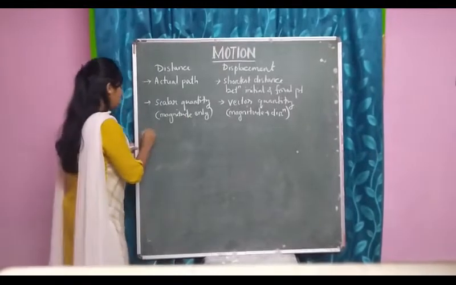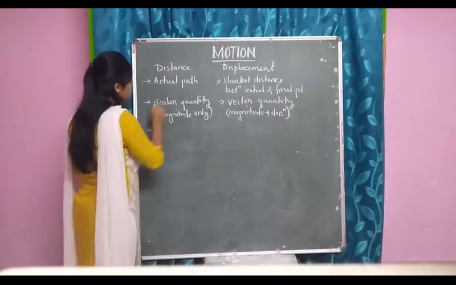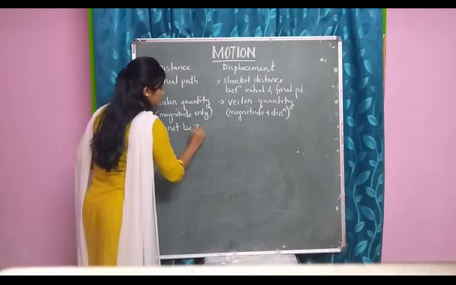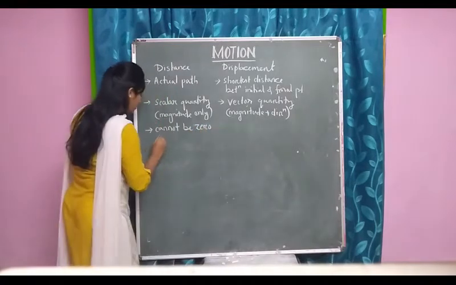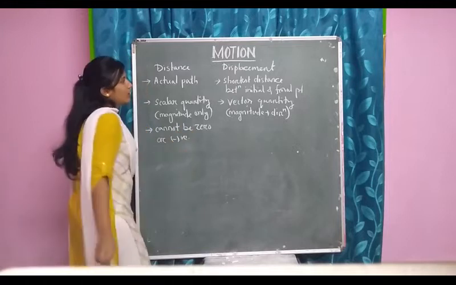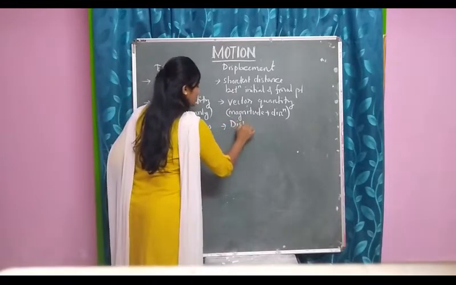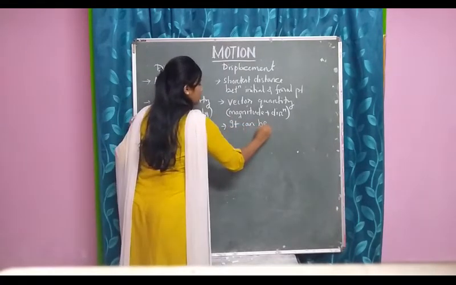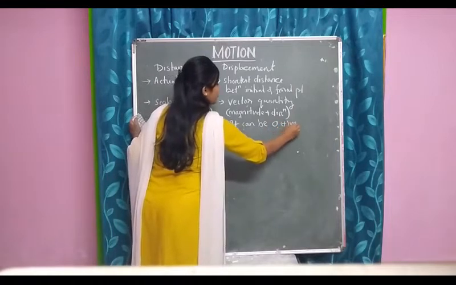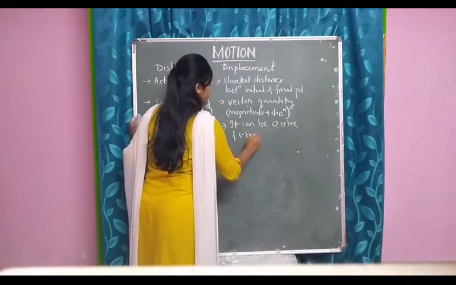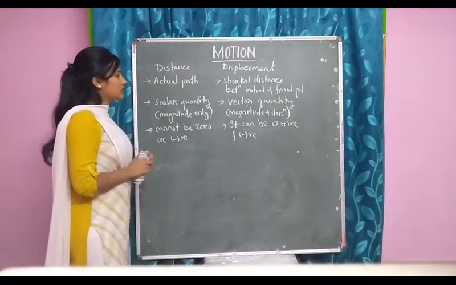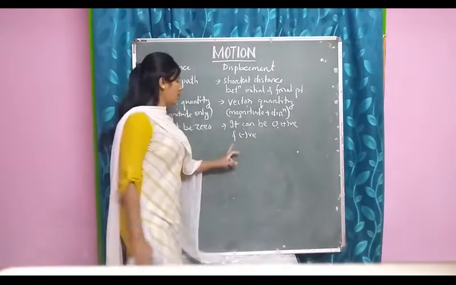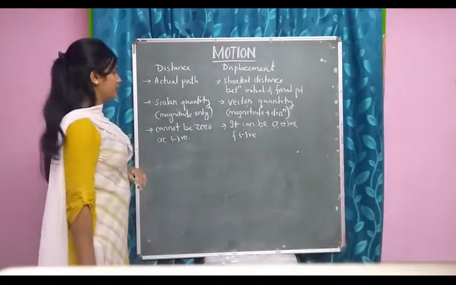The third difference is distance cannot be 0 or negative, whereas displacement can be 0, positive, and also negative. So let us discuss this vector quantity and how displacement can be 0, positive and negative.